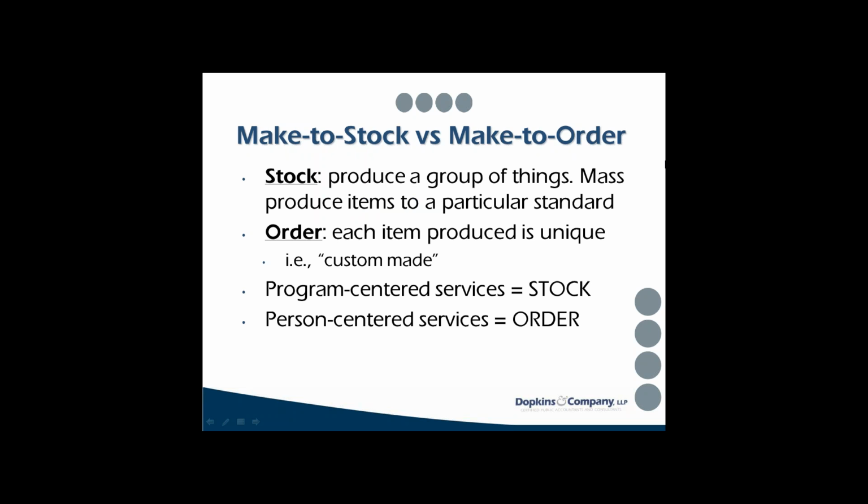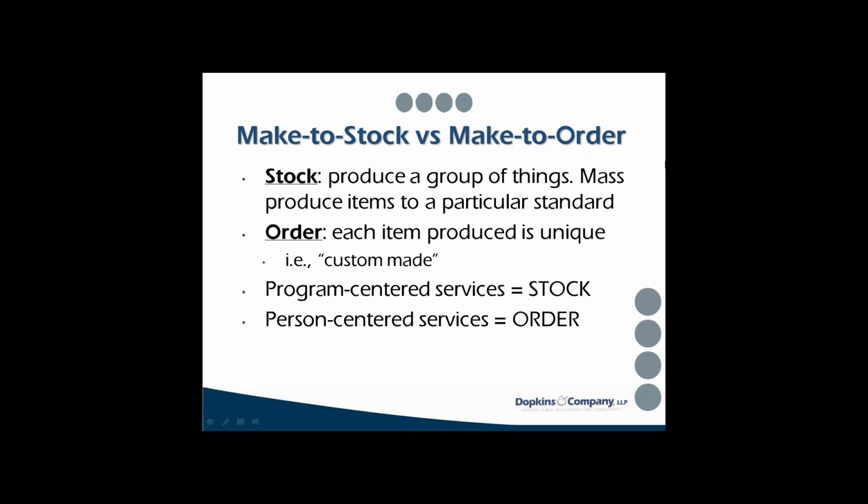A make-to-stock manufacturer makes a product to go into inventory, to sit on the shelf to be sold. So they're making a bunch of common things. It's mass production, made to a certain standard and accomplishing what the product specifications are supposed to be.